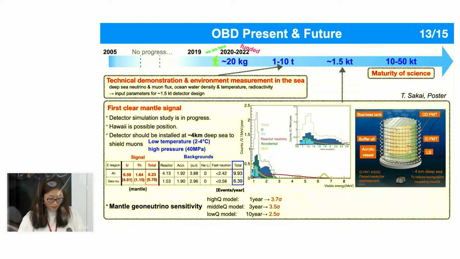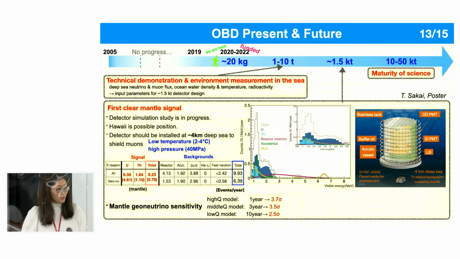You can see the total geoneutrino signal is 8, and in this 8 we have 5.76 mantle contribution, and compared with the signal, the background is about 10.6. So it's very competitive, and in the geoneutrino region we have more signal than background.